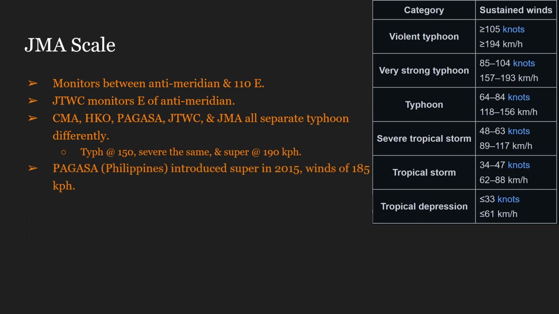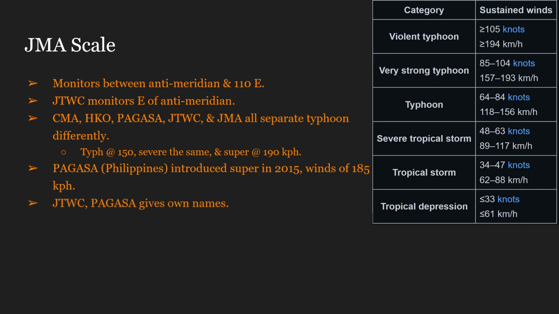So let's look at PAGASA, again, the Philippines Weather Service. They have their own super typhoon status that started in 2015. That one has winds of 185 kilometers per hour. However, their very strong typhoon is not the same as the JMA, so their whole scale is different, which we don't talk about, and we're not going to.